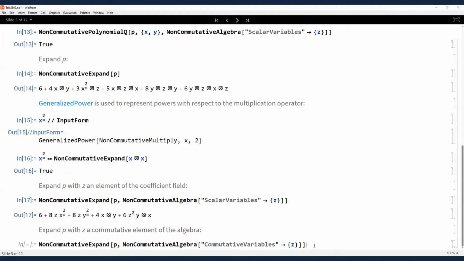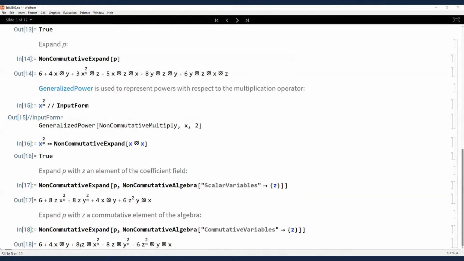And this expands the same polynomial with Z now declared to be a commutative variable. So Z was pulled out in front, but it's multiplied with the rest of the term using non-commutative multiply. And here we get a generalized power of Z rather than just regular power.